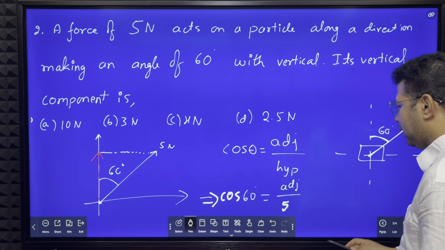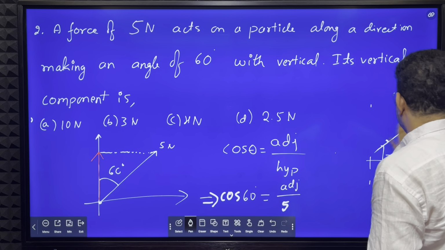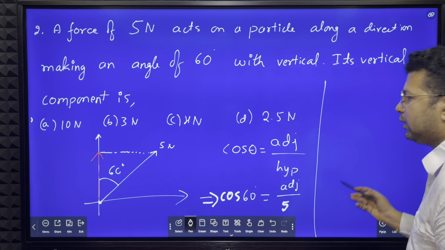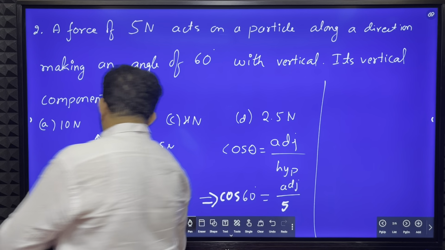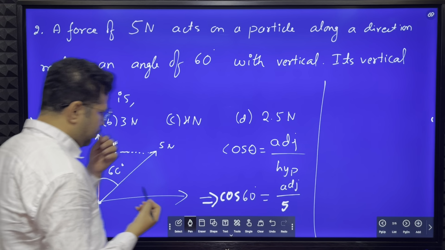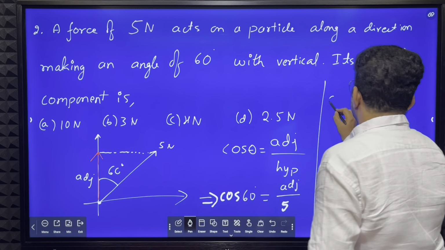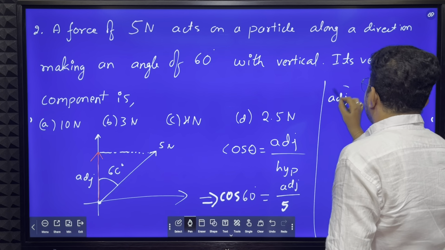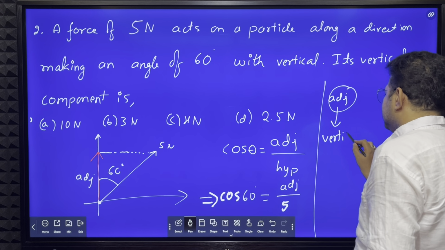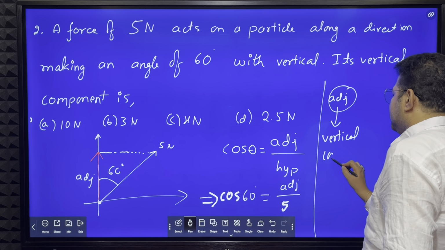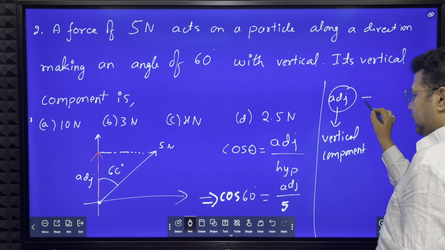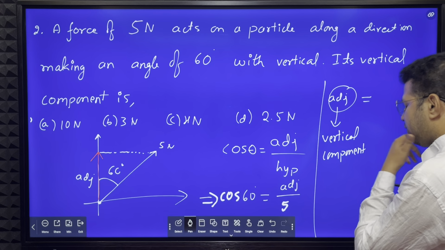Now what happened? While defining cos theta, this is the adjacent side, and that adjacent side itself is equal to the vertical component, which is cos 60 into 5.